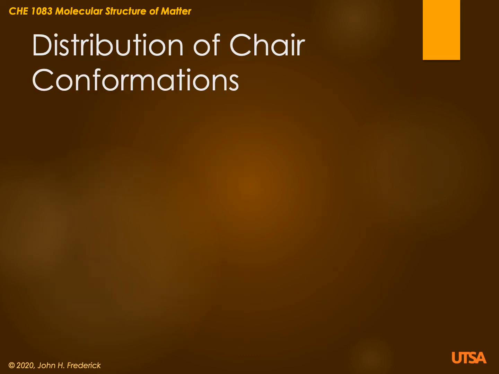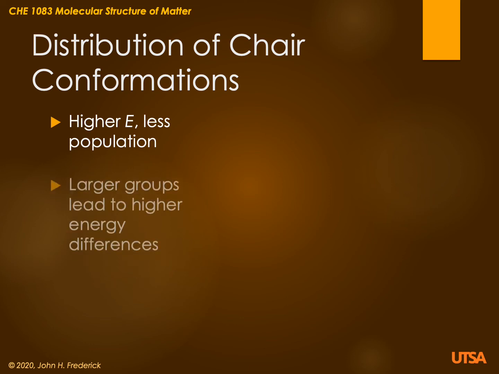So how does that affect things? Well, these chair conformations are basically a distribution of molecules. Some molecules are in one conformation, some are in the other. And if one of those conformations has a higher energy than the other, it's going to have a different population of molecules. In general, we find that the higher the energy, the fewer molecules populate that particular conformation.